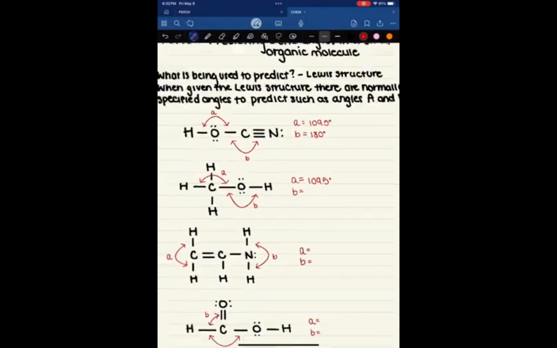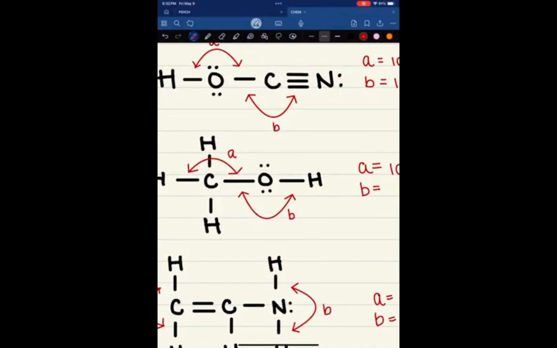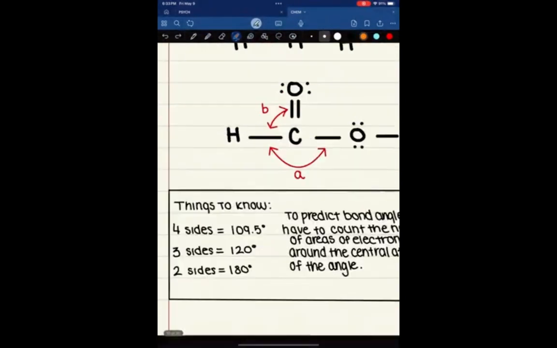For angle B, we're going to have carbon, oxygen, and hydrogen. And of course, oxygen is our central atom. And it has 1, 2, 3, 4 sides. So once again, it's going to be 109.5 degrees.